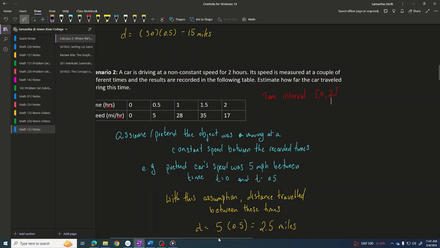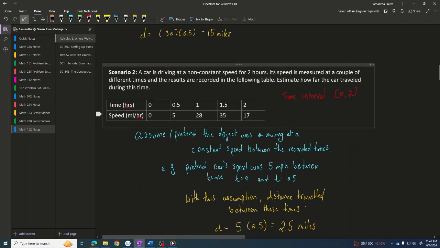Now in this particular case, the function that we were dealing with gave us a relationship between the time that had passed and the speed of this moving object. So in this particular case, the function that is in question is the function that tells me the relationship between time and speed.